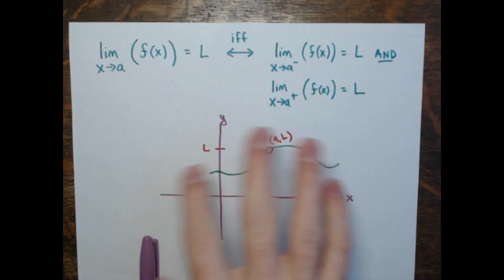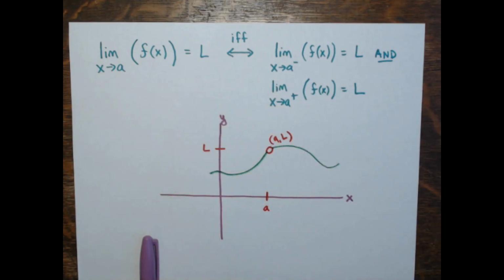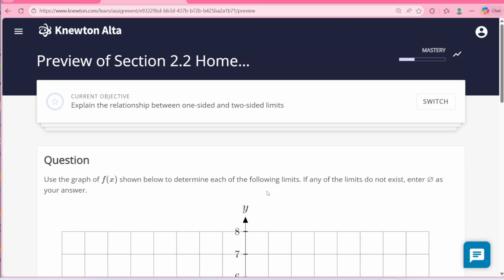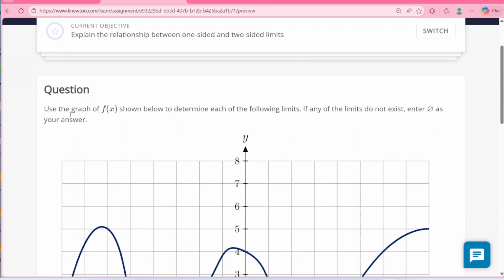Okay. So having noted all of this, we're given a graph of some function called f, y equals f of x. It says use the graph of f of x shown below to determine each of the following limits.